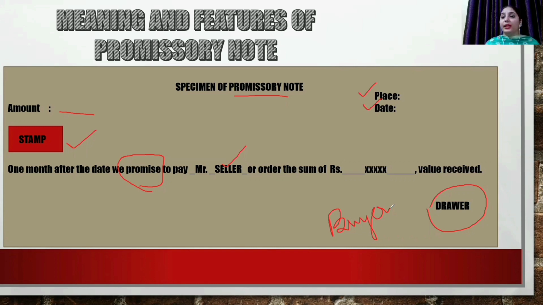There is an unconditional promise that the buyer will make payment to the seller on a specified date for a specified sum of money. I hope the difference between bills of exchange and promissory note is clear.